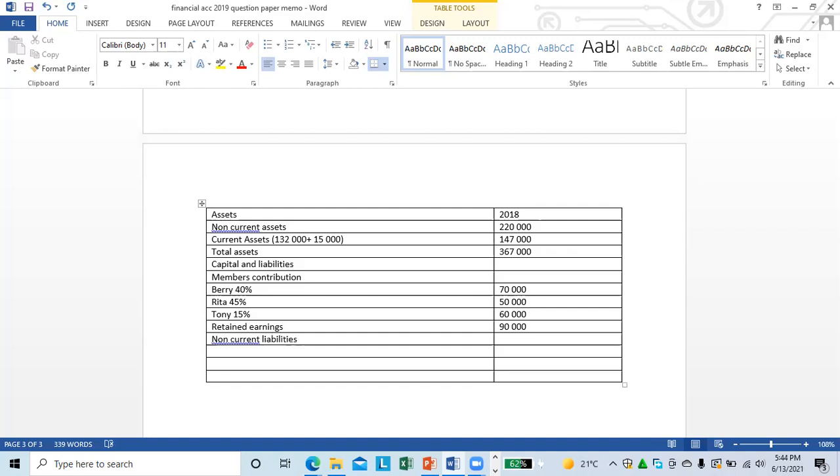Now, under non-current liabilities, do we have any effect? Yes. What is that? The loan.